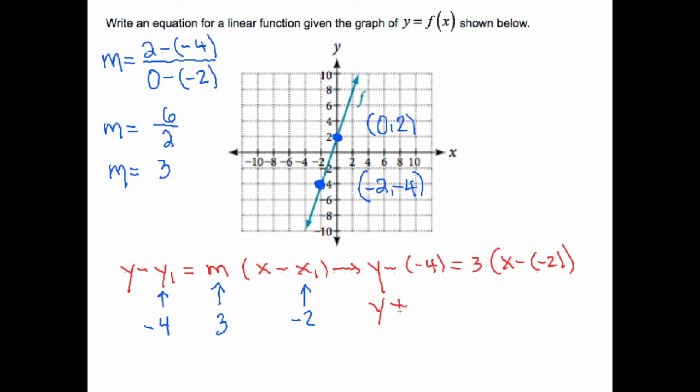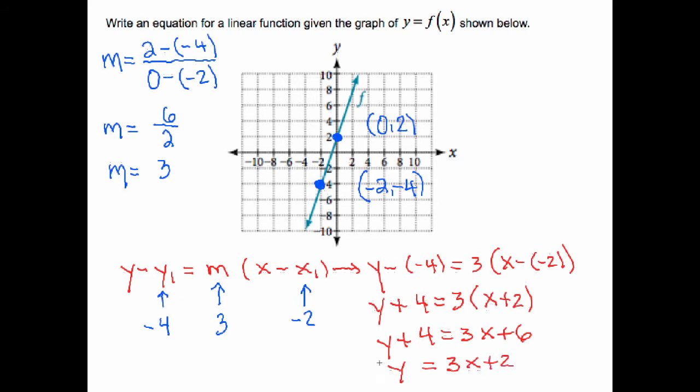Simplifying, we get y plus 4 is equal to 3 times x plus 2. If I solve for y, I distribute the 3 to get 3x plus 6. Solving for y, when I subtract a 4 from both sides of the equation, I find y to be equal to 3x plus 2.